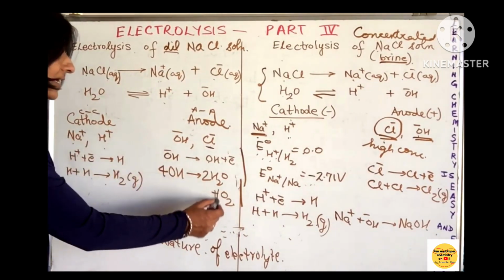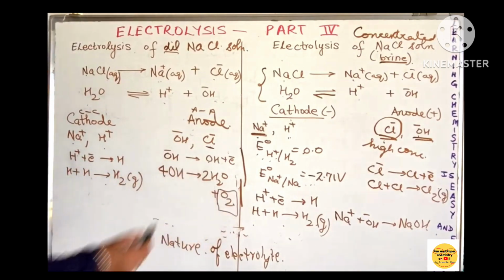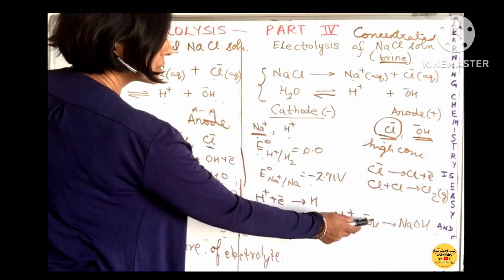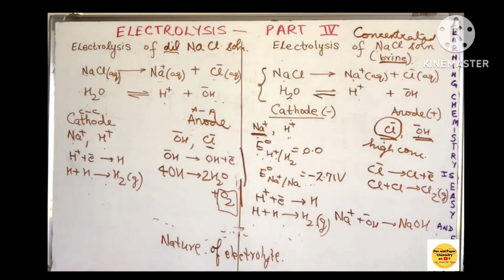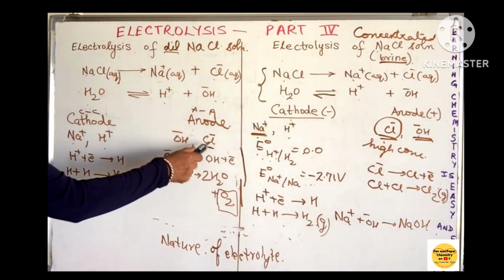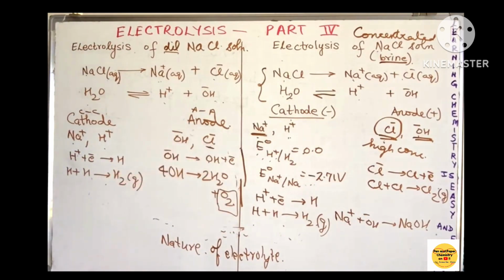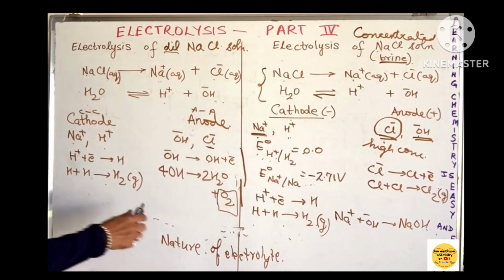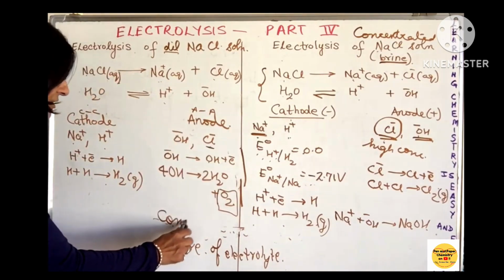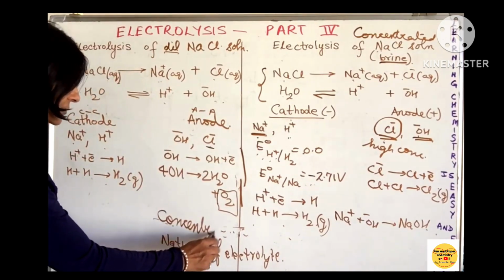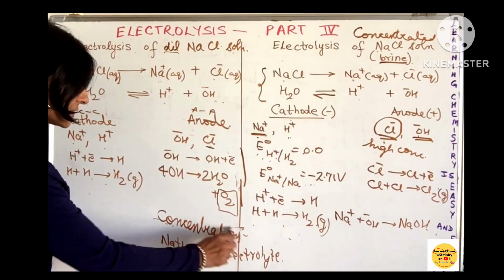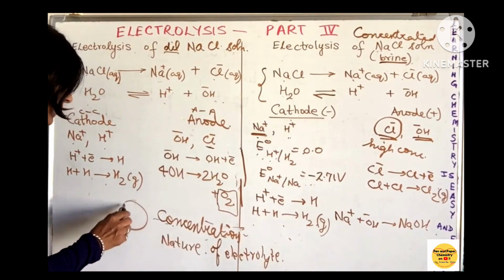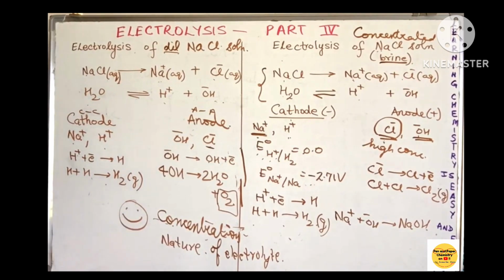Yes, it is oxygen. Whereas in the case of a solution of brine, the gas liberated at the anode was chlorine because the chloride ions were getting discharged. Now can we say that the concentration of the electrolyte affects the formation of the product or not?